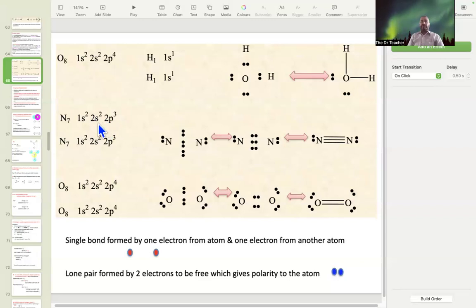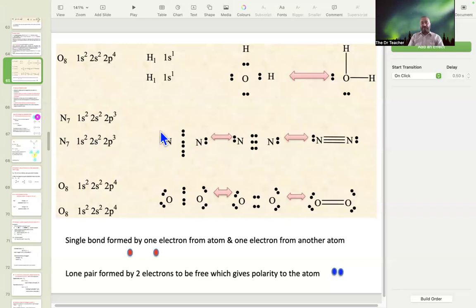So now we have 10 electrons. How can we bond 10 electrons? Here we have the 2 electrons for nitrogen. This is 2s2 here, and this is the other 2s2 here.